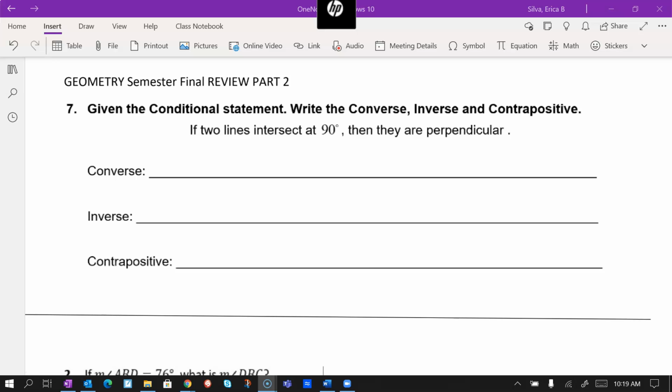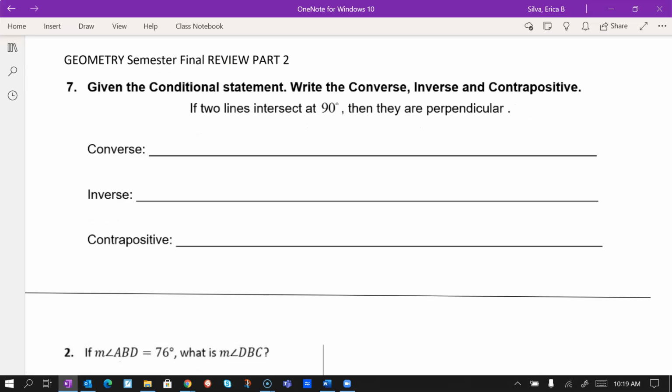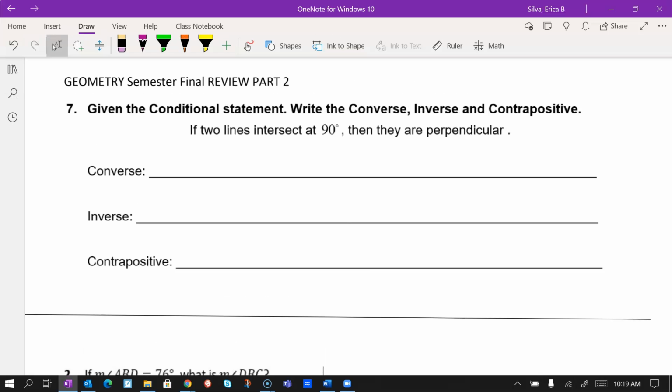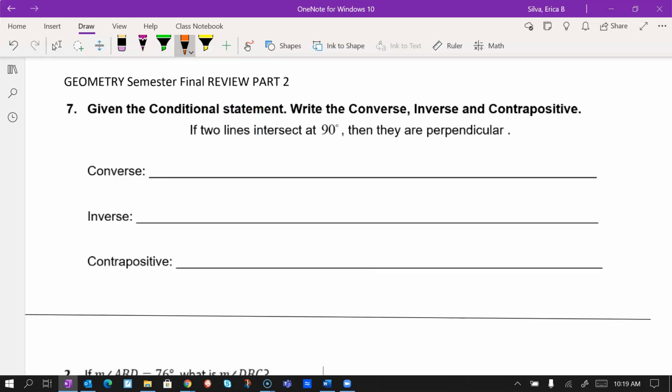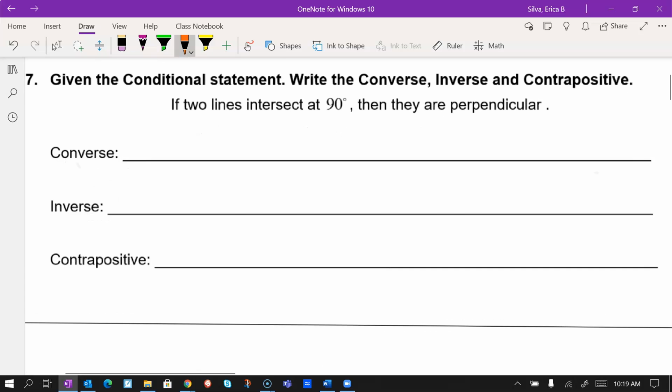So given the conditional statement, write the converse, the inverse, and the contrapositive. Now on your test, it'll give you a reminder on what all of those are. But the first thing we want to do whenever we get a conditional statement is determine which one my hypothesis is and which one is my conclusion. Your hypothesis will always be after the if.